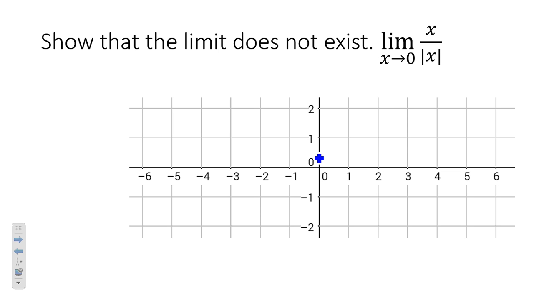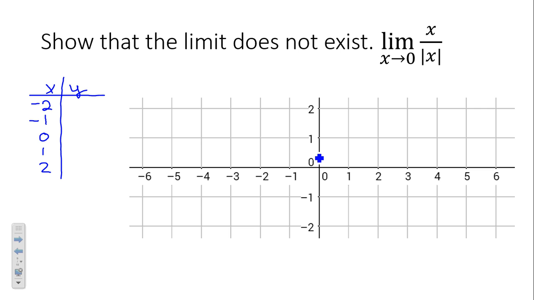Okay, so let's see that this limit does not exist: the limit as x approaches 0 of x over the absolute value of x. Okay, so let's plug some numbers in. What are good numbers to try? Negative 2, negative 1, 0, 1, 2 are kind of our old standbys, right?